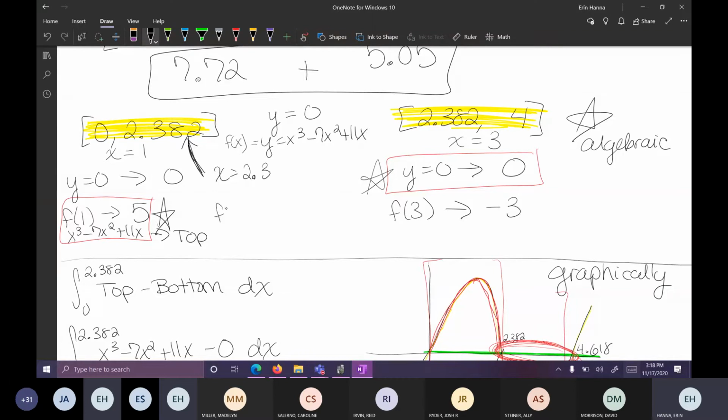If I plug that into my x cubed function, what am I going to get? 2.3 cubed minus 7 times 2.3 squared plus 11 times 2.3, I get 0.437, which is still larger than 0. So this would still be our top function. It shouldn't matter what number you pick, as long as it's in that interval. Okay, that'll work.